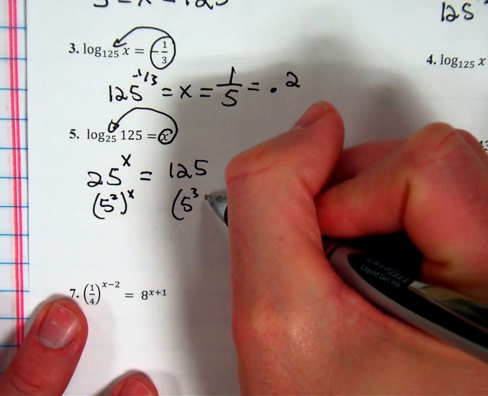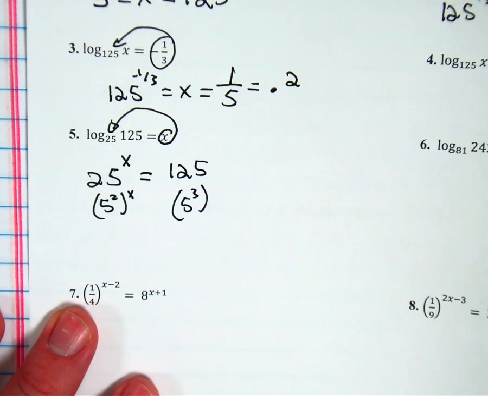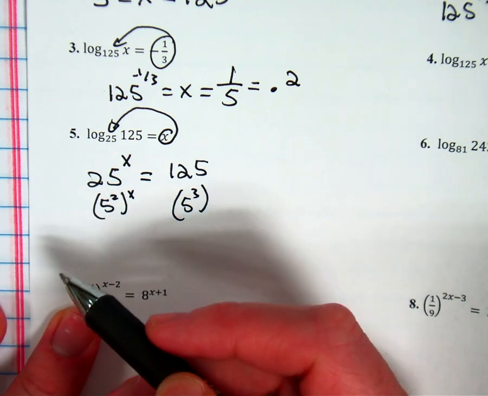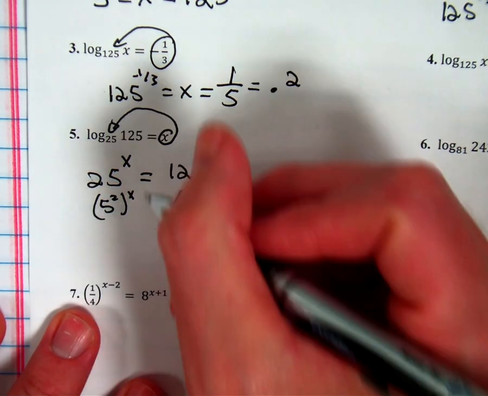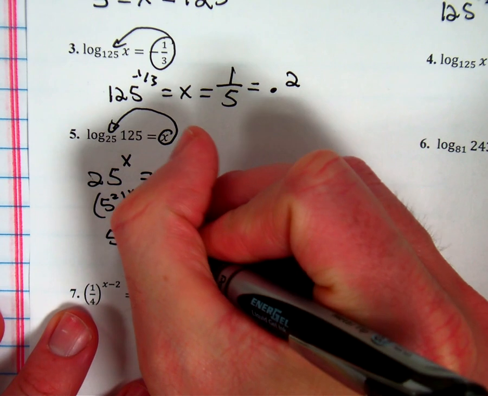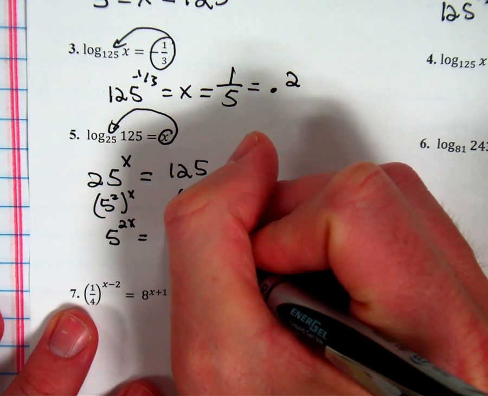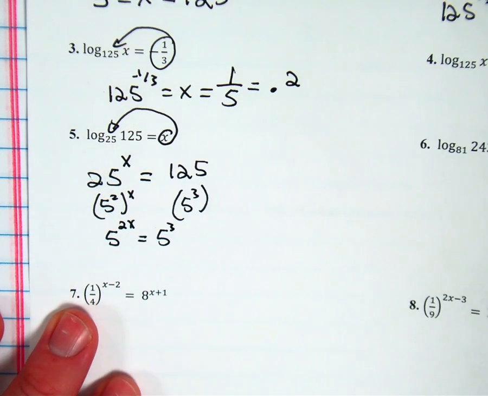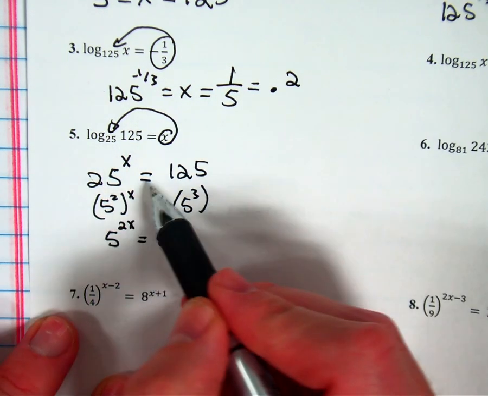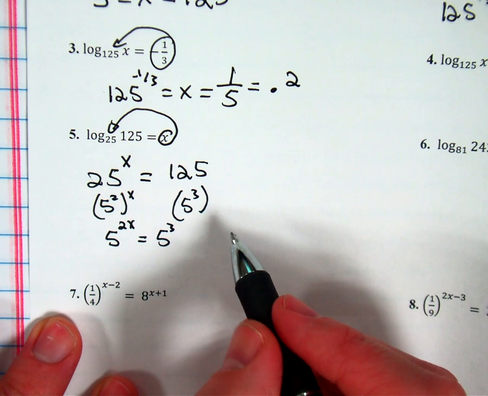So we're going to change both of these to be something with 5s. Power, parentheses, power: we multiply those powers. It looks pretty easy on this one. It doesn't really change. 2 times x is now 2x. But it's important to still do it because on the next one, we do have some multiplying to do.